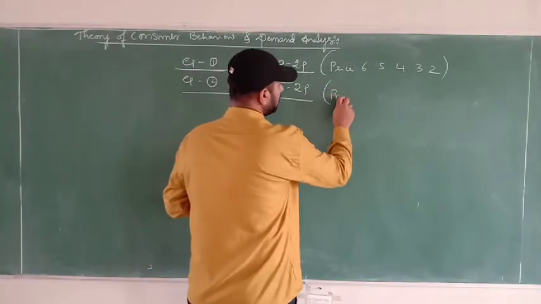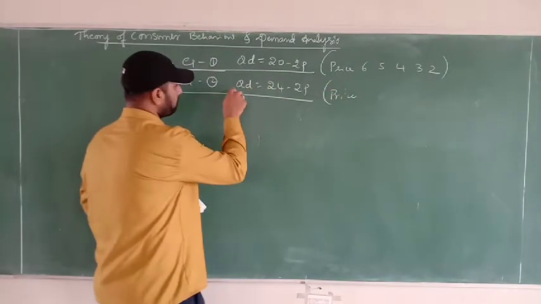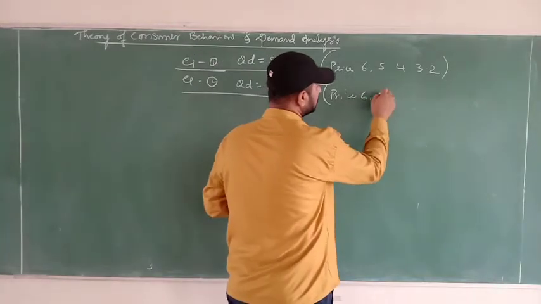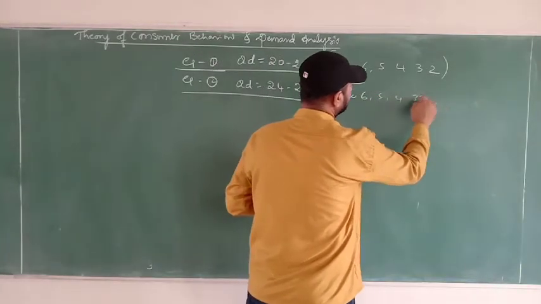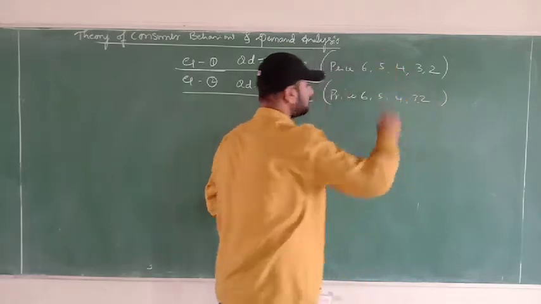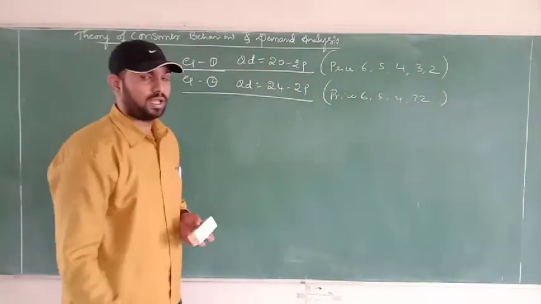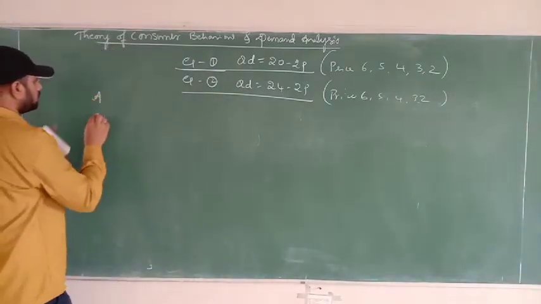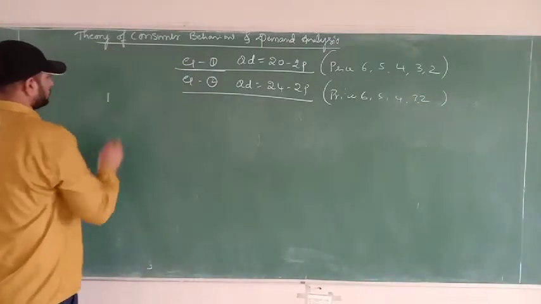Likewise, even here, coming to equation 2, if the price of a commodity falls from rupees 6, 5, 4, 3, 2, then what will be the picture of demand? Let's take two consumers' schedules, consumer 1.